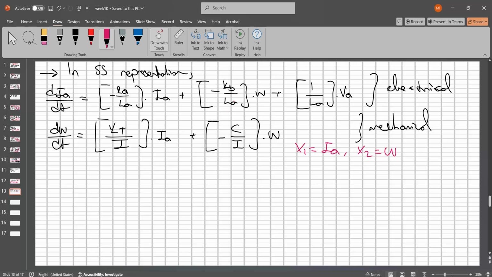So, just help me to fill this place. x1 dot, x2 dot. Okay? What is the dimension of this matrix? Yes. What is the input? Yes, VA.